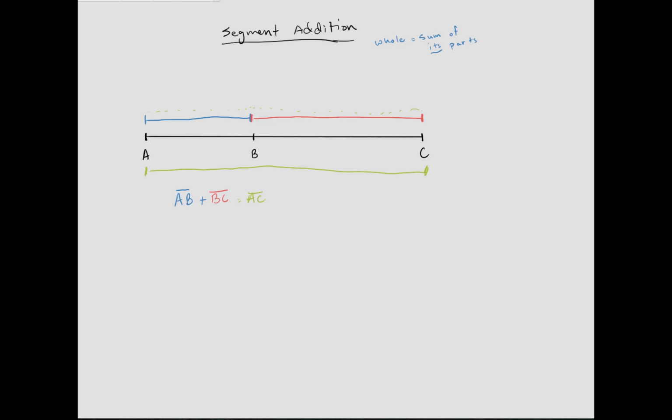There's a couple things I'll point out. One of the reasons we know that for certain is, based off the drawing here, A, B, and C are all collinear.